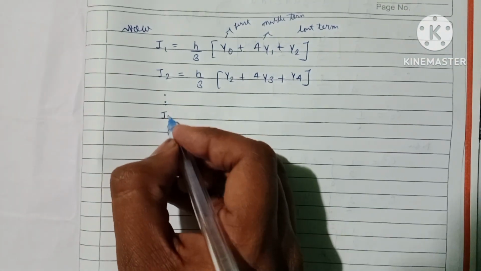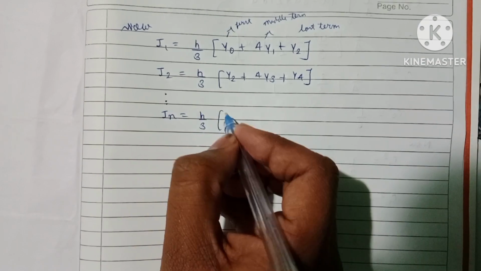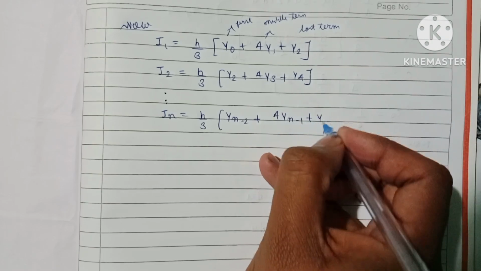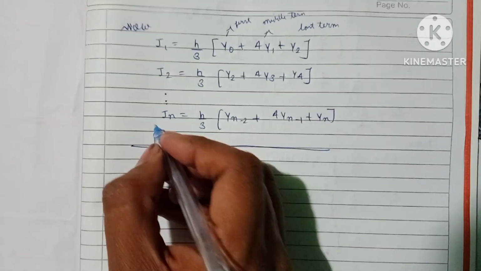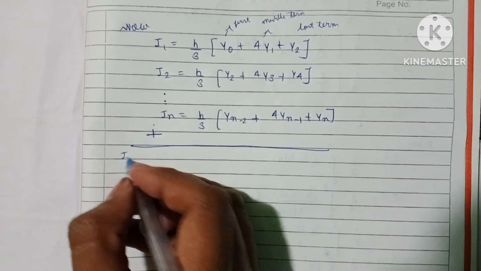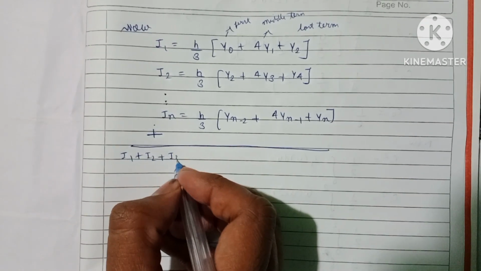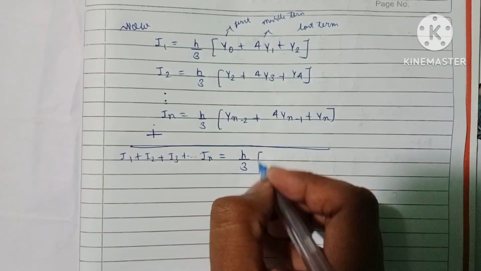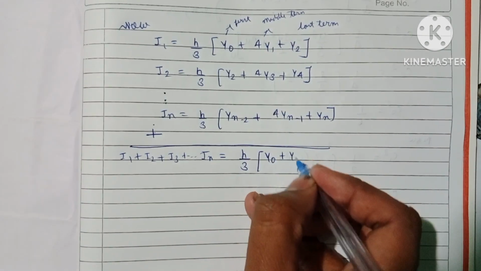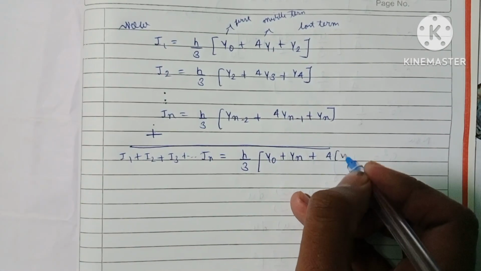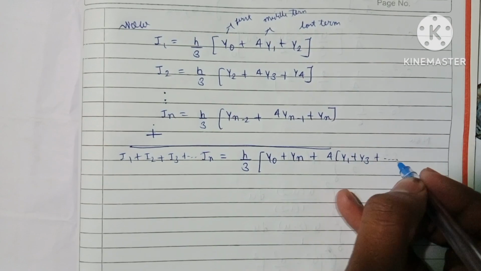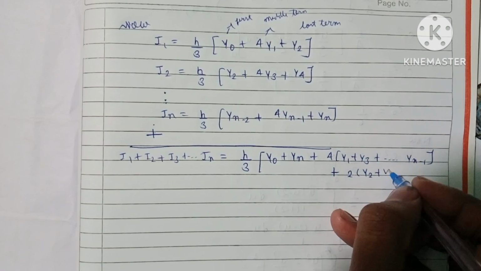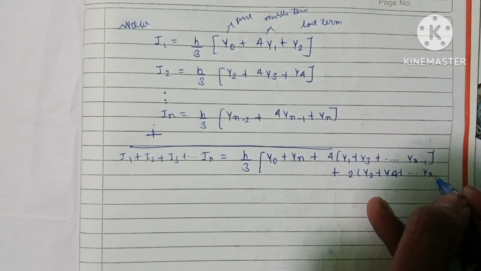Then for the next, In equal to h by 3 [y_(n minus 2) plus 4y_(n minus 1) plus y_n]. After summation of these terms, we get I1 plus I2 plus I3 up to In. We get h by 3 common, [y0 plus y_n plus 4 times (y1 plus y3 plus ... y_(n minus 1)) plus 2 times (y2 plus y4 plus ... y_(n minus 2))].